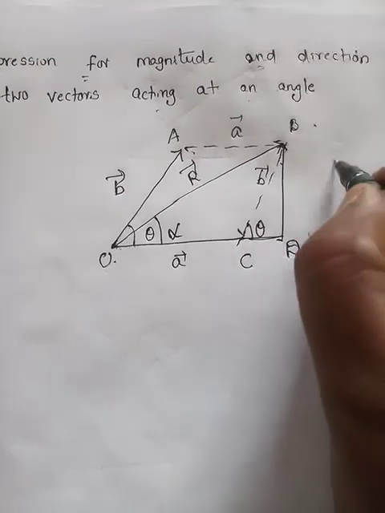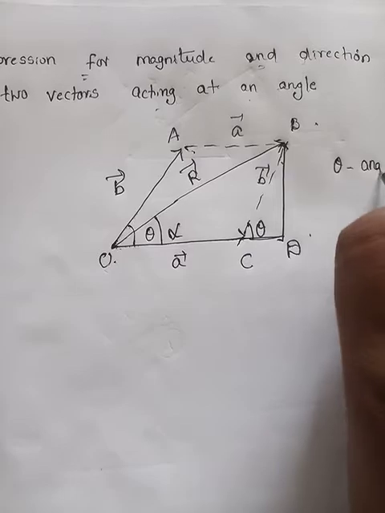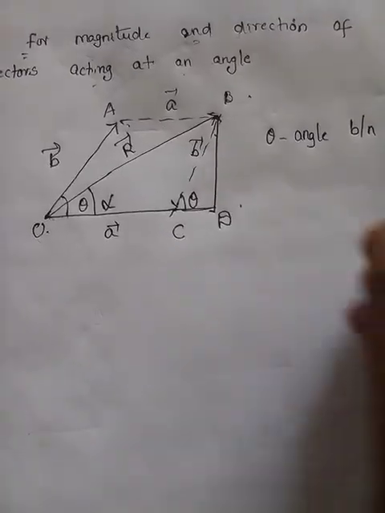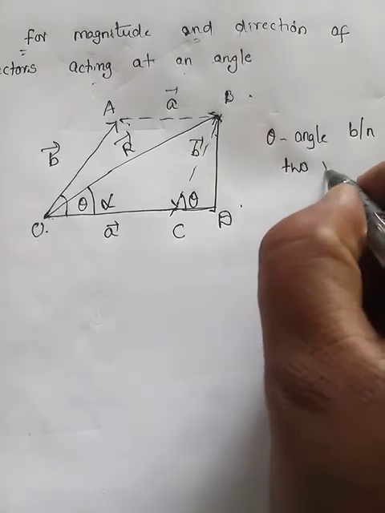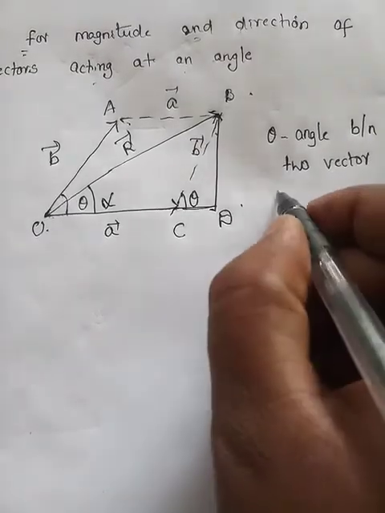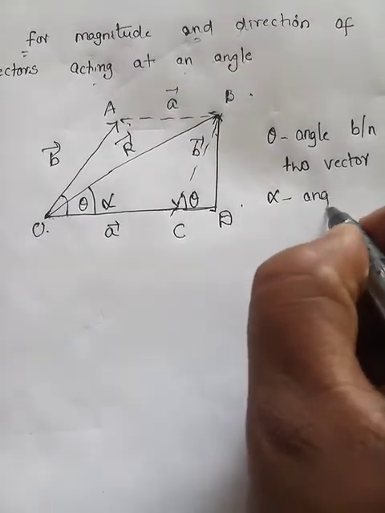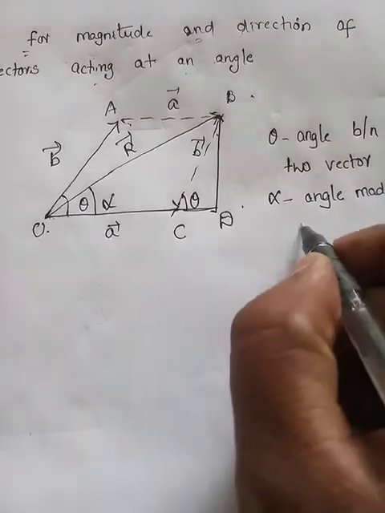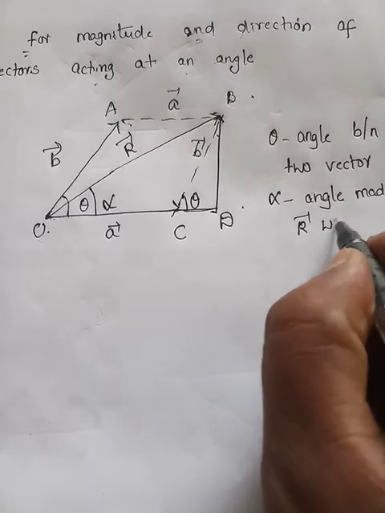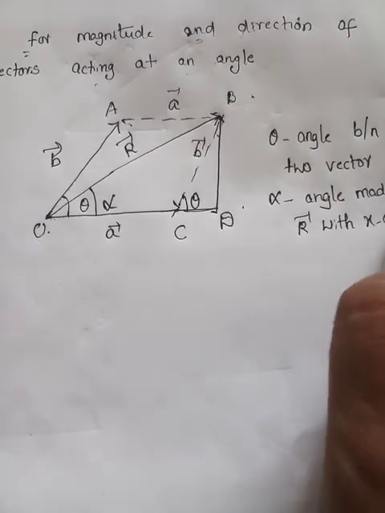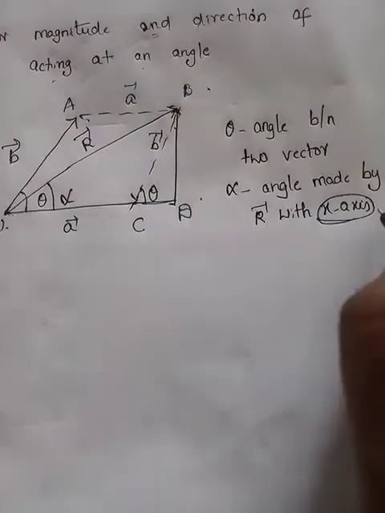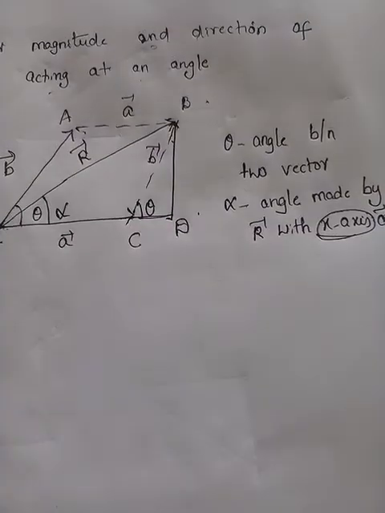Understood? Here theta is the angle between two vectors. Alpha is the angle made by R with the x axis, or with A bar.